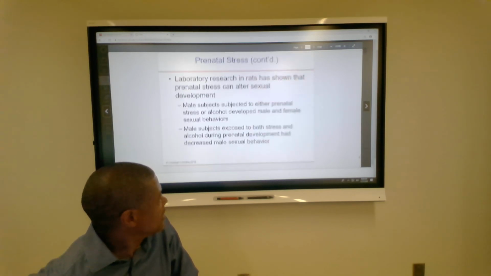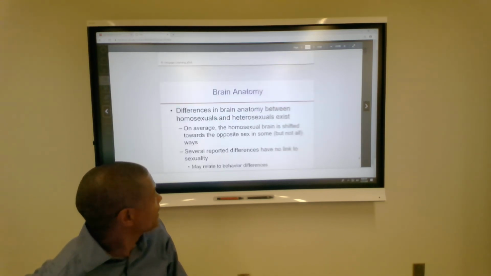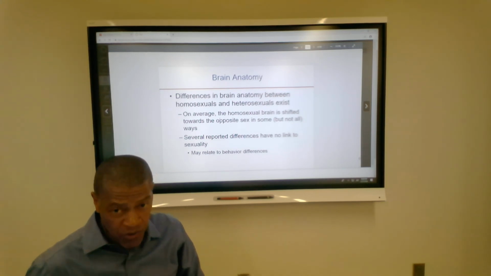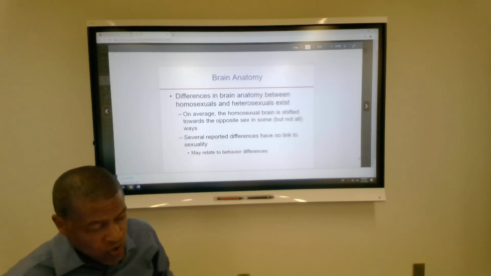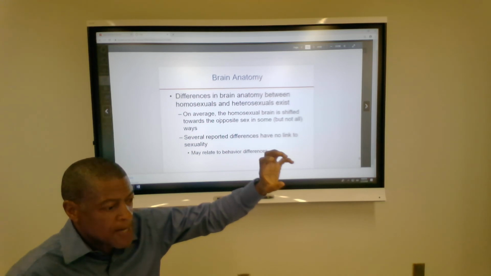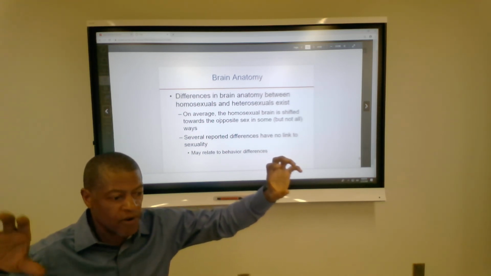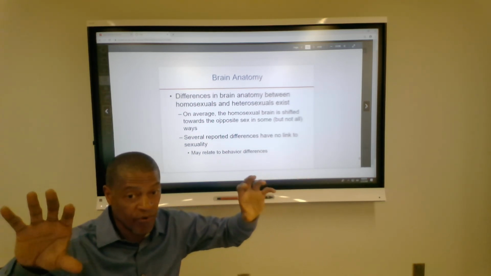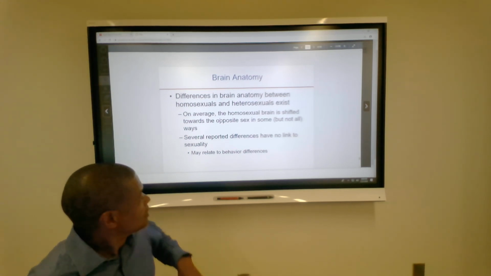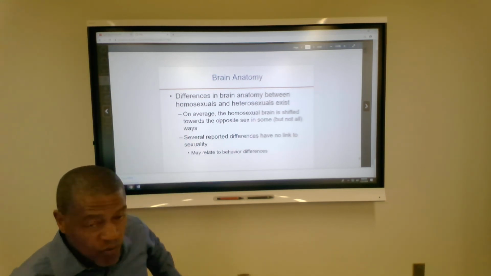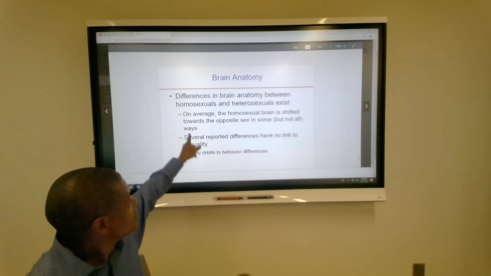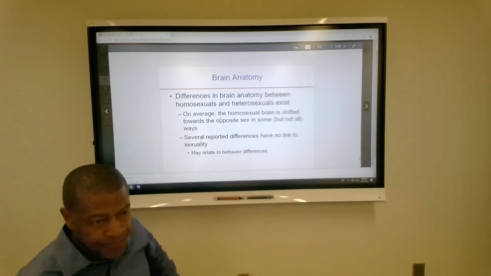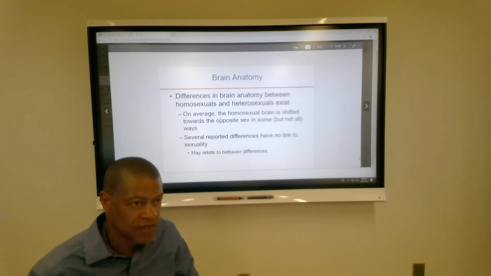So when we say interstitial nucleus, brain anatomy, differences are shown between a male heterosexual and a male homosexual in comparing their brains to females. So on average, the homosexual brain is shifted towards the opposite sex in some, but not always the same.